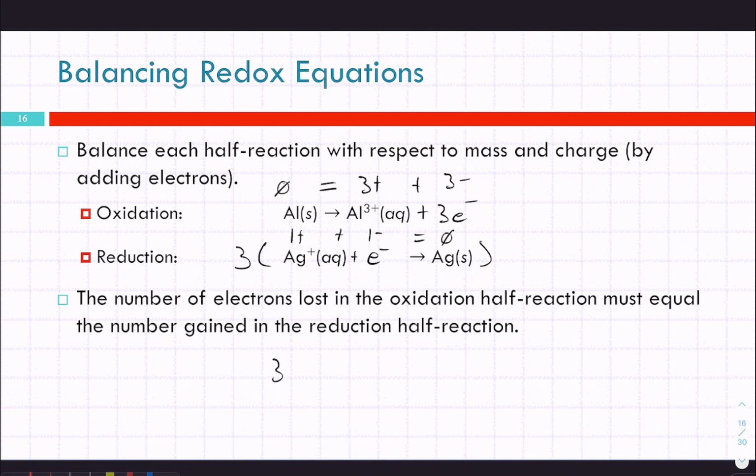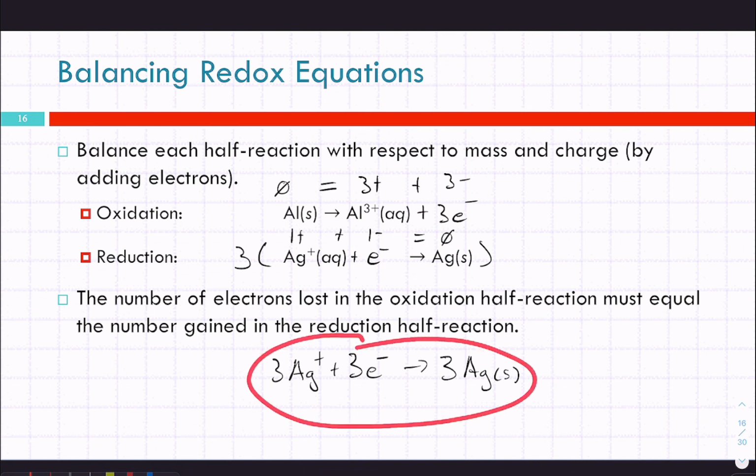I'm going to rewrite this. So we'll get 3 Ag+ plus 3 e- gives 3 Ag solid. So we didn't do anything to change the balance of this, right?